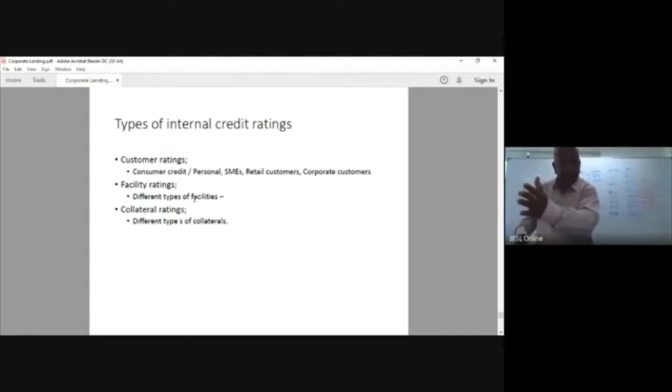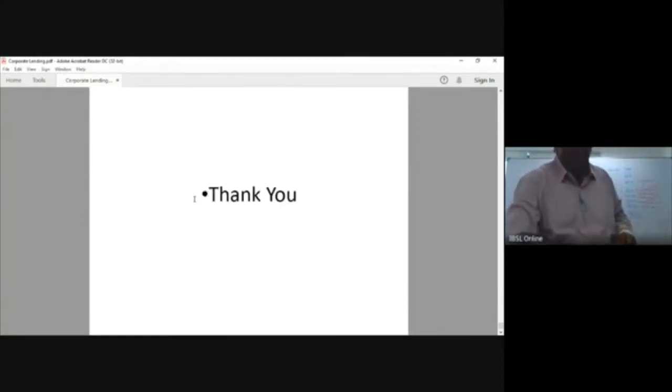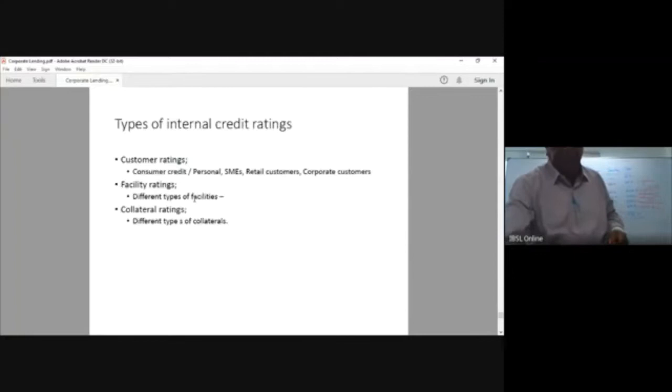And collateral rating also. Different types of collateral, property mortgage or cash deposit, should also be rated internally. So this is internal credit rating.